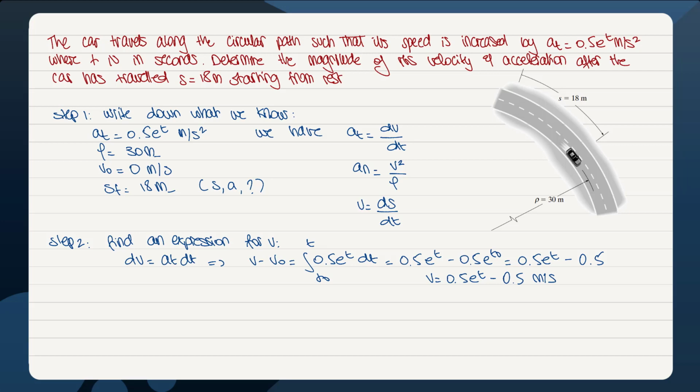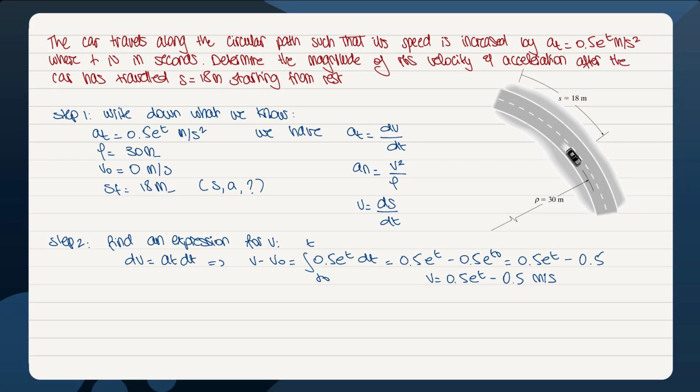Performing the integration from t0 to t, we have 0.5e^t minus 0.5e^t0. Noting that t0 is equal to 0, e^t0 is equal to 1, and so the expression for v is 0.5e^t minus 0.5.